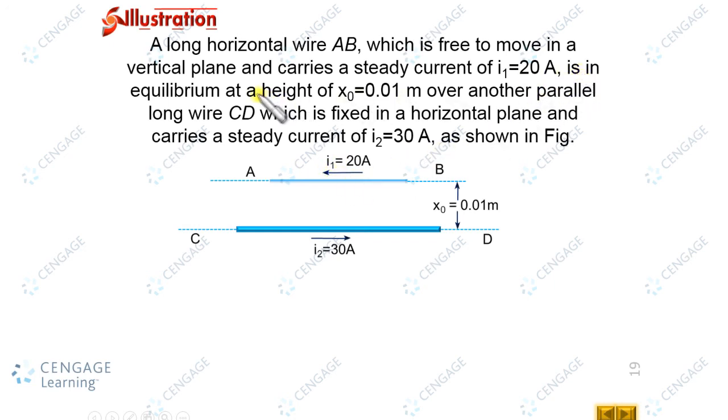It is in equilibrium at a height x naught equal to 0.01 meter over another parallel long wire CD, which is kept in a fixed position. It carries a steady current I2 equal to 30 ampere in the rightward direction. That means the currents in wires AB and CD are in opposite directions.